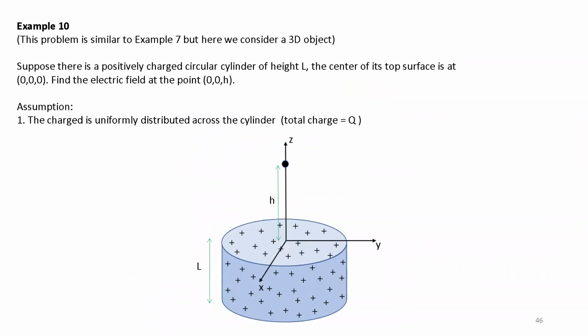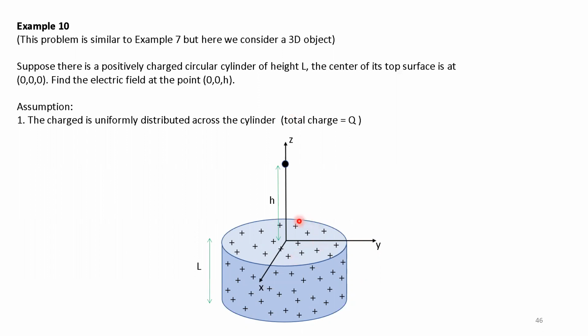This example is an extension of the electric plate that we saw previously. Remember, in the previous example we had a circular uniformly charged plate, and we wanted to find the electric field at a point above that plate, and at that time we used polar coordinates.